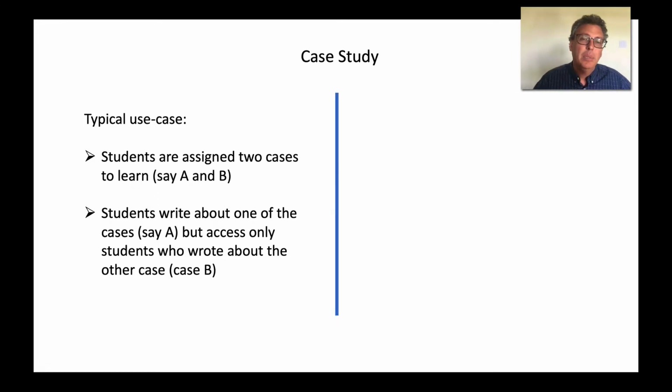So they're now seeing their peers' ideas, but the ideas are presented in the context of a completely different business situation. Might it still be the case that they get exposed to these great ideas in the context of case B, and they think, wow, I could transform that a little bit and put it into case A? Well, yes, that could still be the case, and professors loved that.